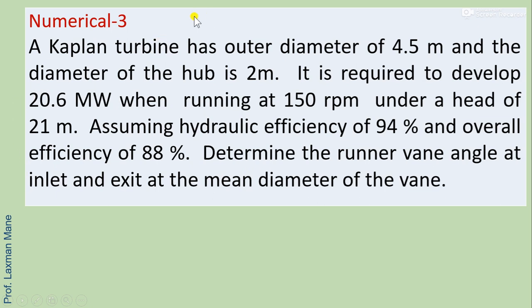Now we will see the next numerical, the third numerical, in which diameters are given, power and speed are given, efficiencies are given, and head is given. As far as the statement is concerned, the problem is the same. Let us see.